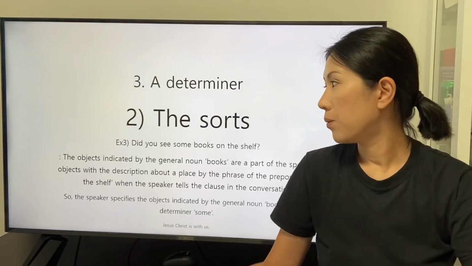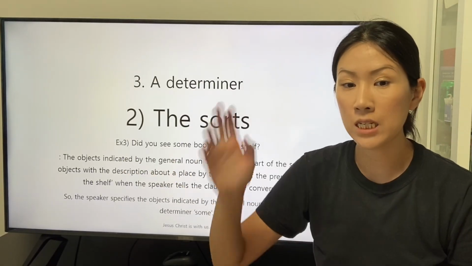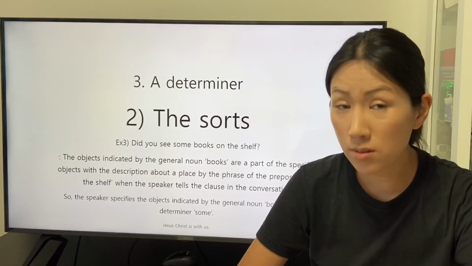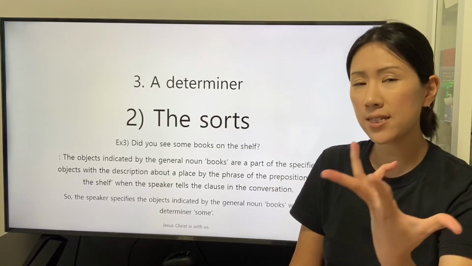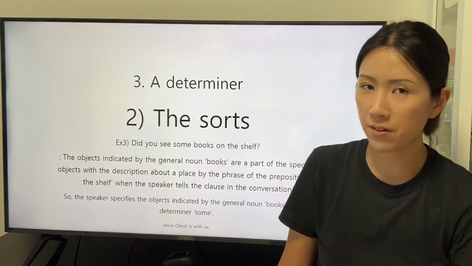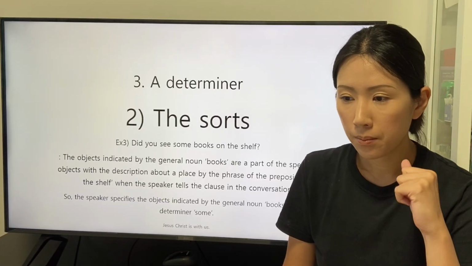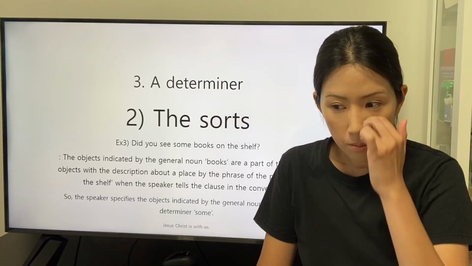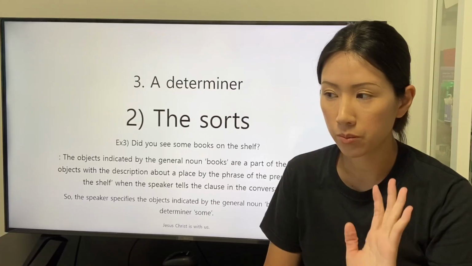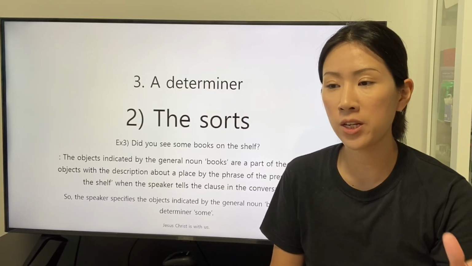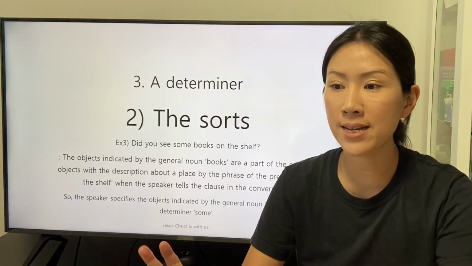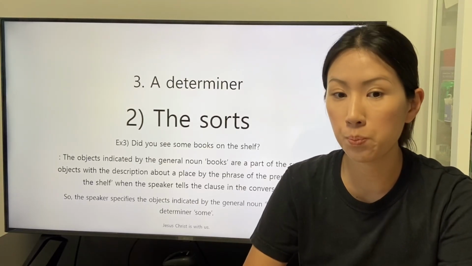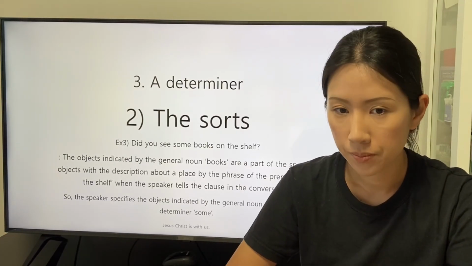Let's think of this clause. Did you see any books on the shelf? The speaker who states this interrogative clause may indicate the entire range of the object indicated by the general noun book as the unspecified object.